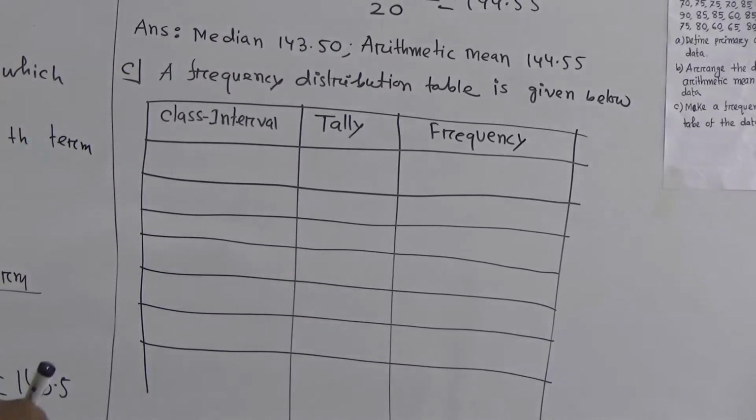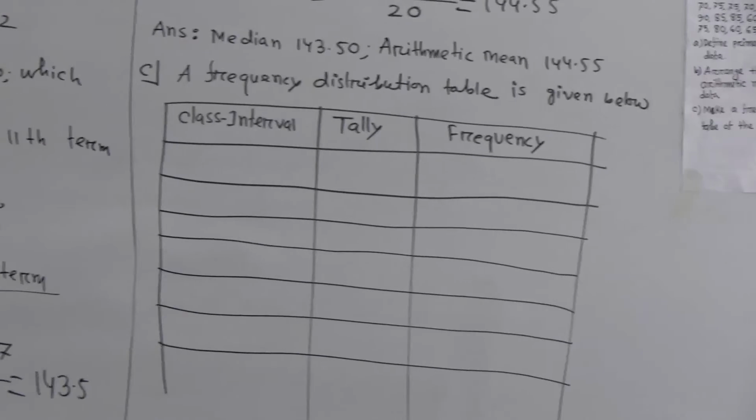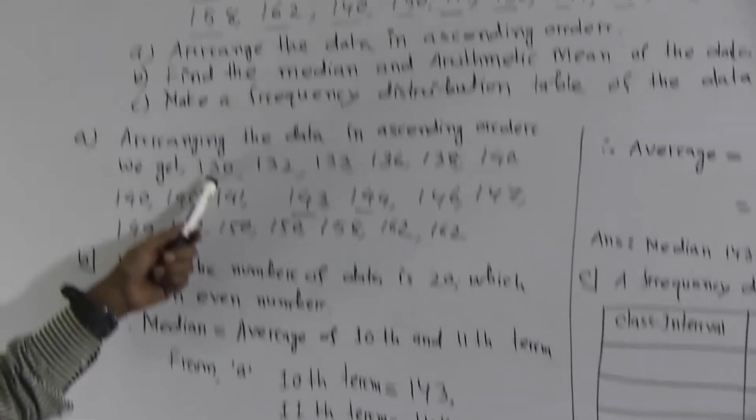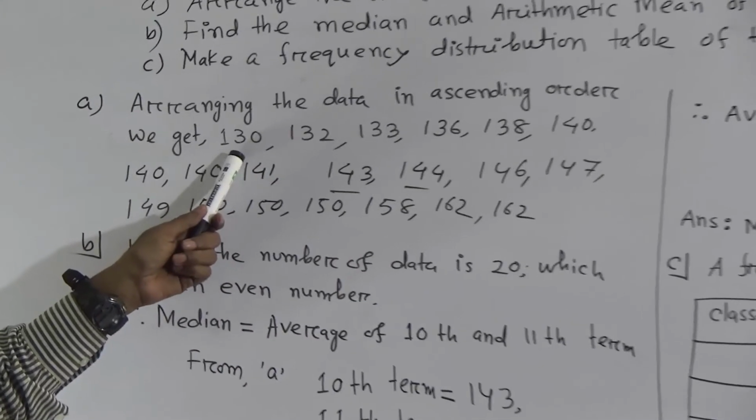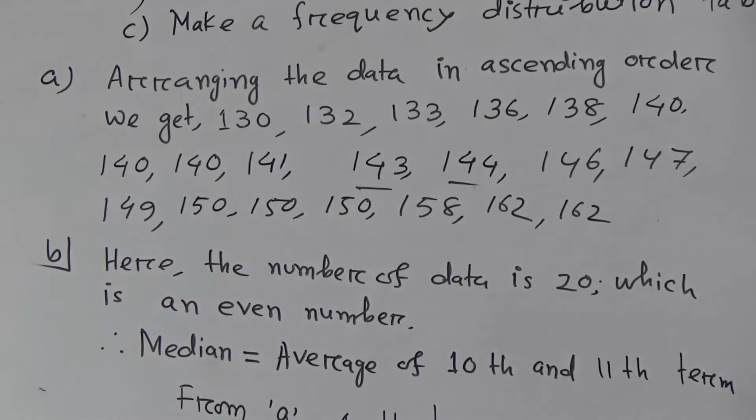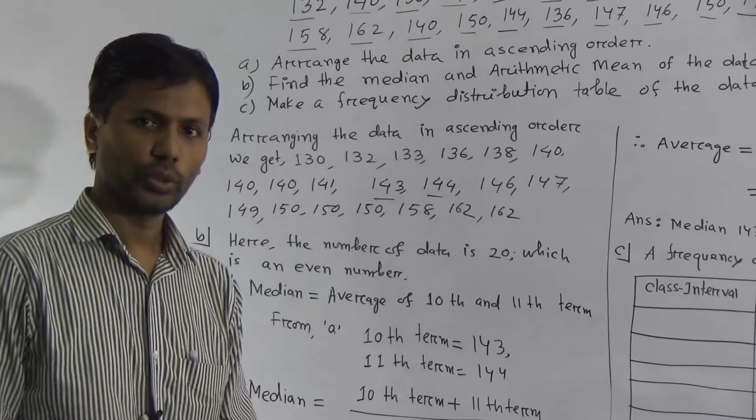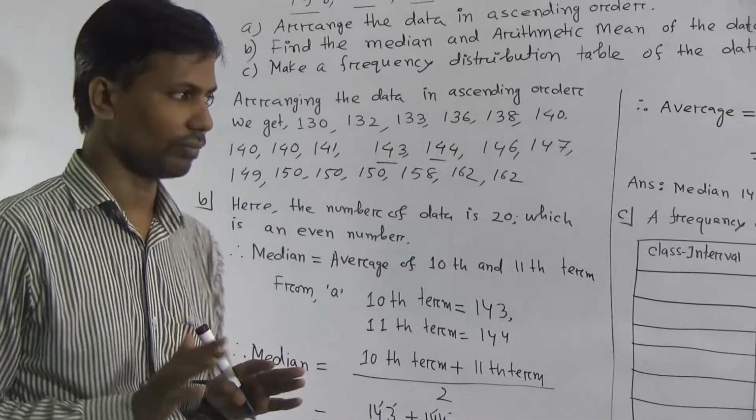Okay, you see the student, here the lowest value is 130. We take the class interval 5.